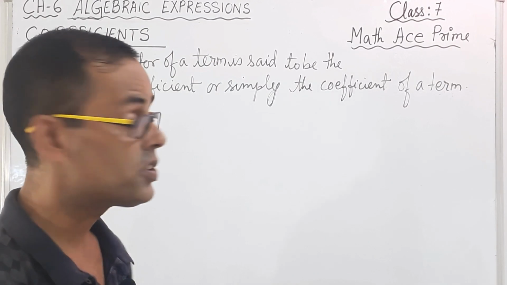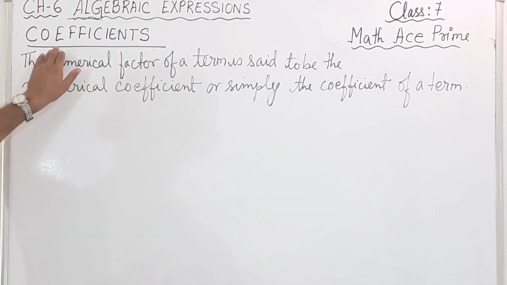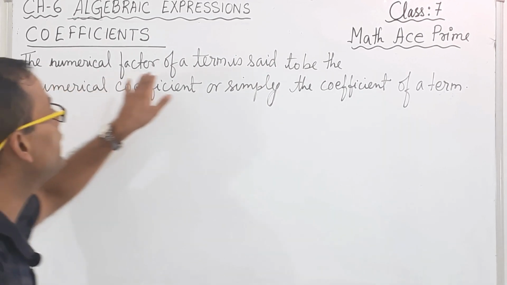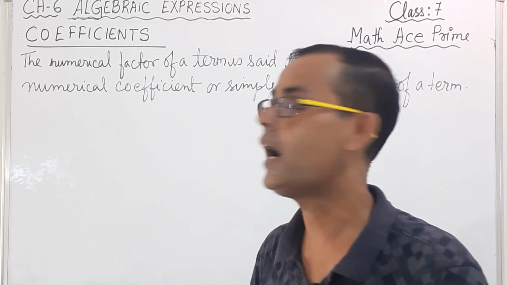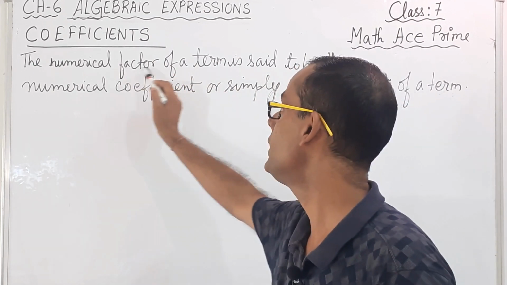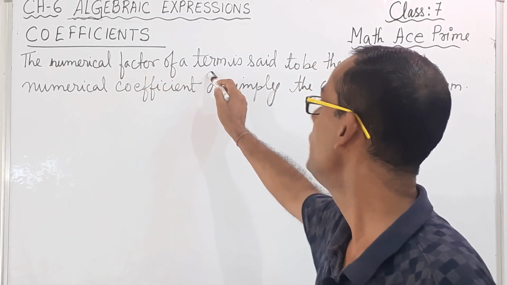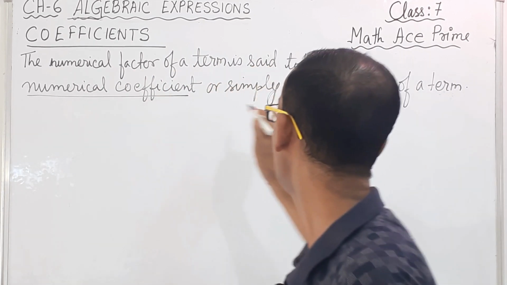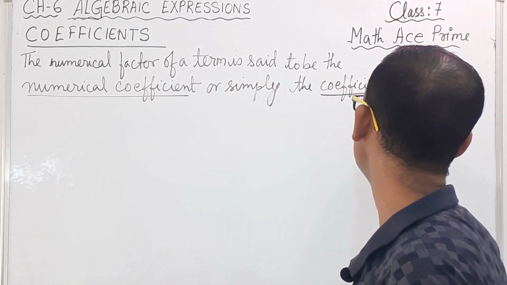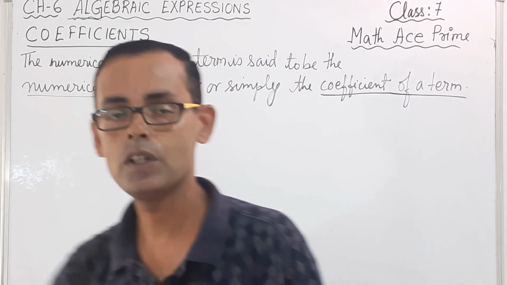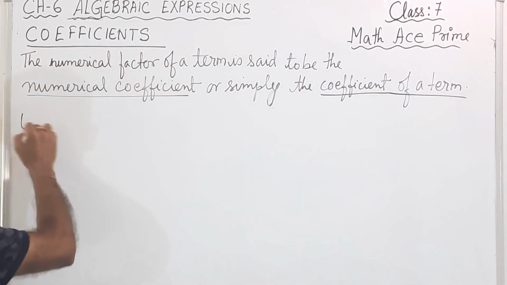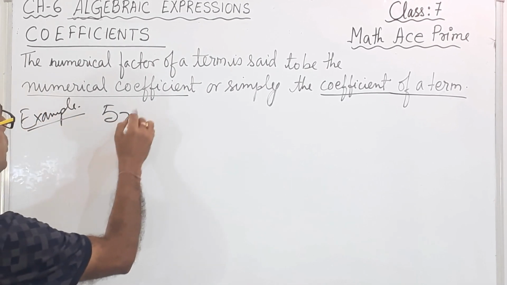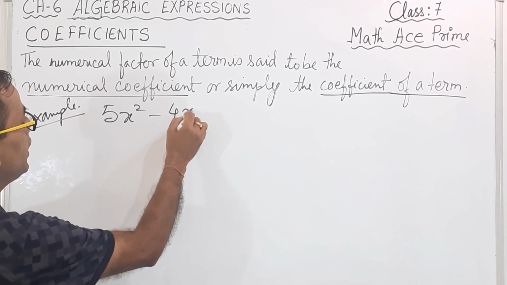Now class 7 students, we will understand another new concept, coefficients. What is the meaning of coefficient? The numerical factor of a term. The numerical factor of any term is known as the numerical coefficient, or we can simply say the coefficient of a term. Suppose I take the same example, 5x square minus 4xy.